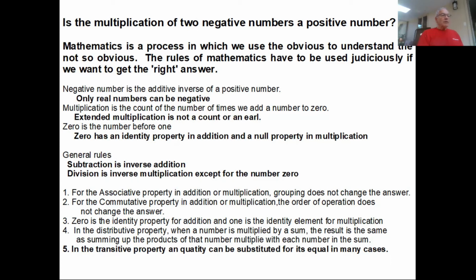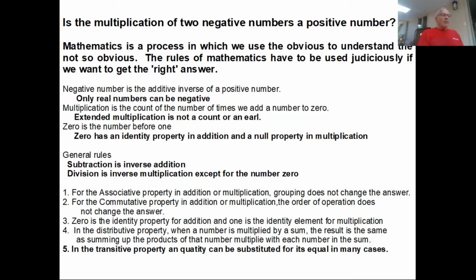Division is inverse multiplication, except for the number 0. Aha, the quicksand of mathematics. Why does 0 misbehave so? And this is what begins to scare us in mathematics, when these surprises come up that we don't quite understand, but we make an effort to try to understand.